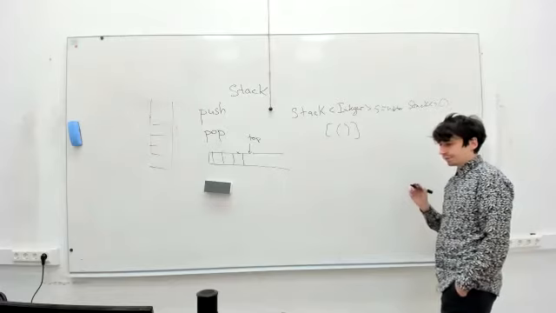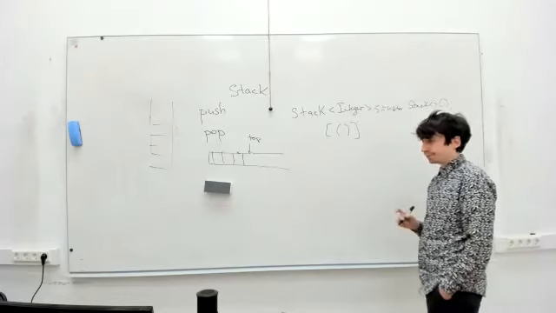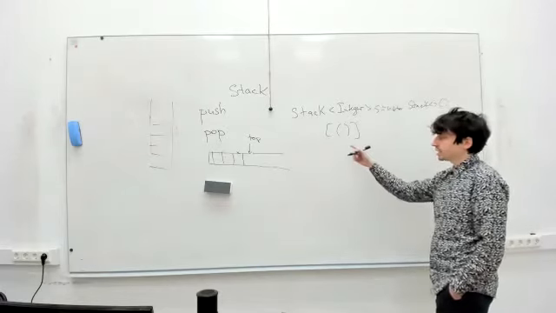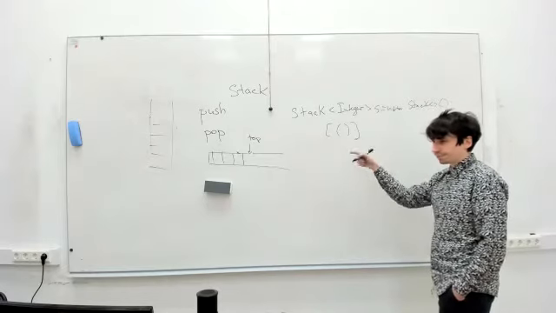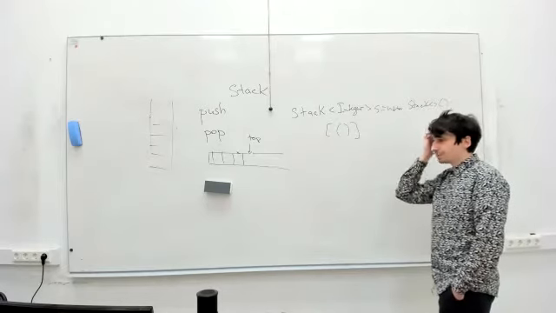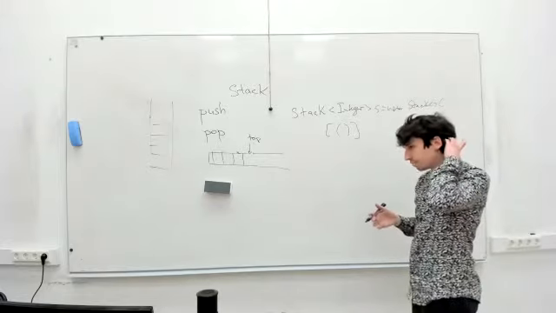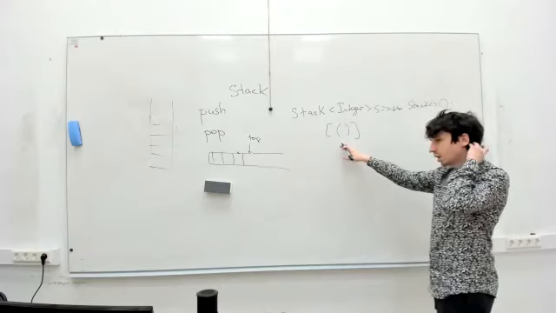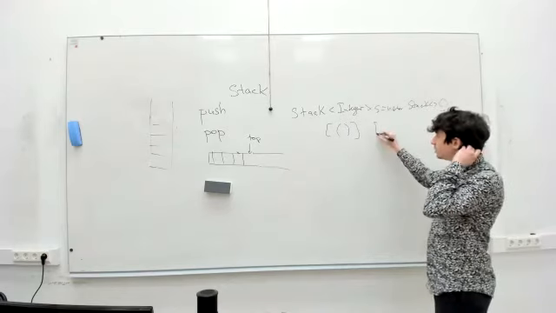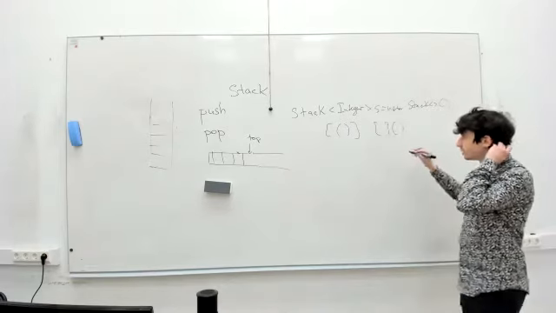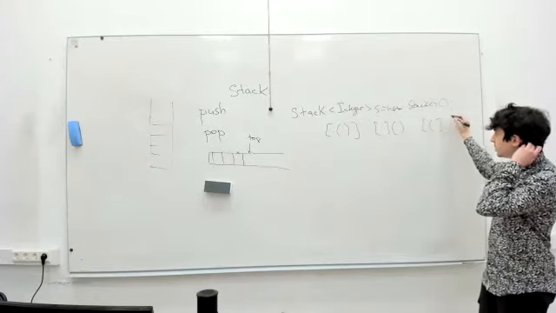What does it mean, the correct bracket sequence? A correct bracket sequence is one that you can use in an arithmetic expression. For example, this is correct, this is correct, but for example, this is not correct.